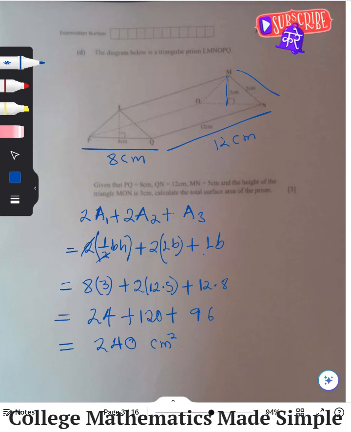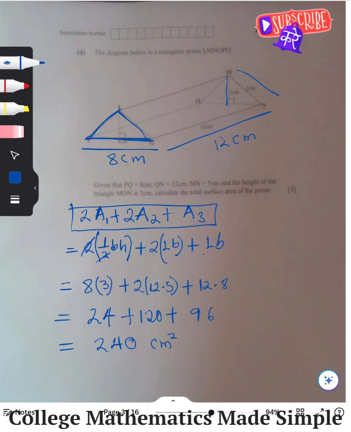Now there is a simple formula here which I have written. Why is it twice A1? I am going to call A1 the area of this triangle. Let's consider the width of this side.